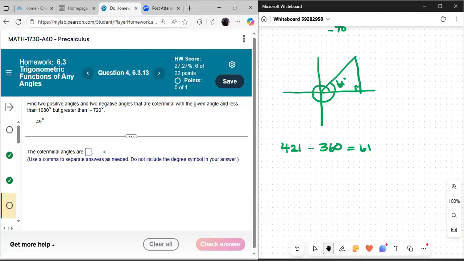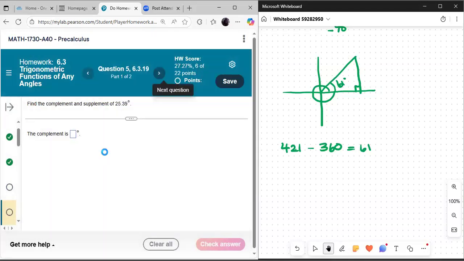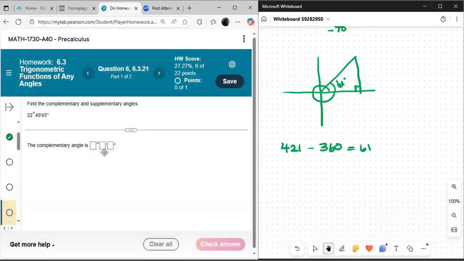The next number I want to look at is number 6. Find the complementary and supplementary angles. So we have 22 degrees, 49 minutes, 45 seconds.